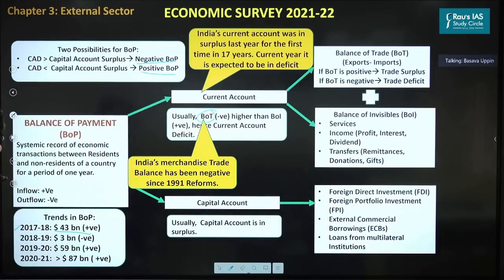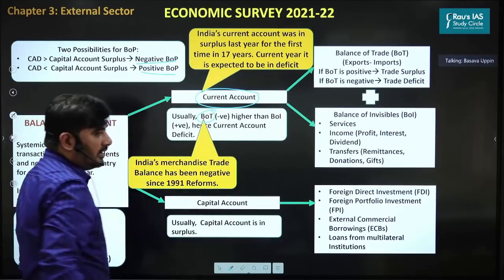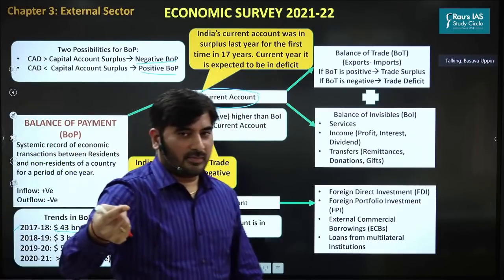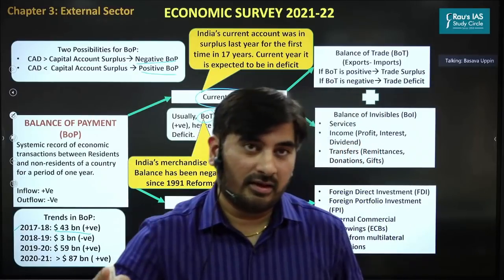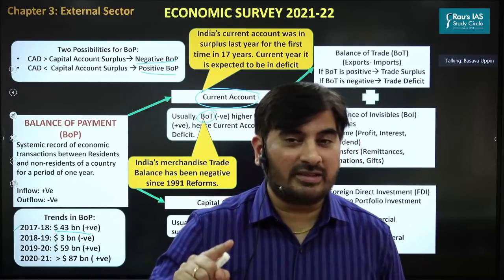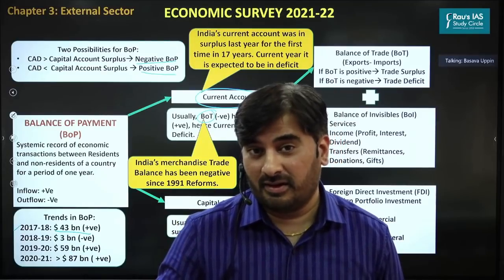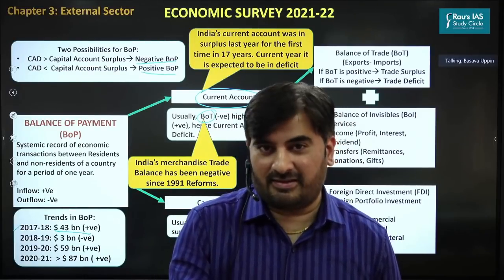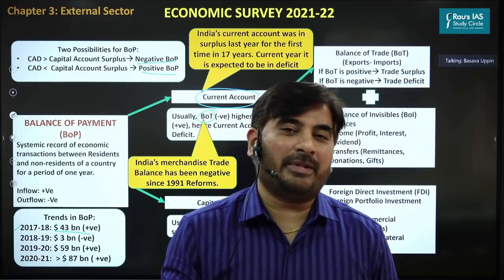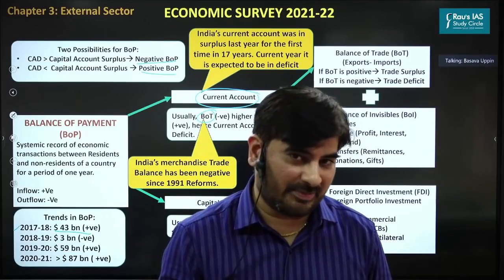Apart from that, if you look at the current account, last year the current account was in surplus. Last year, current account was in surplus for the first time in the last 17 years. But as far as this year is concerned, the current account is expected to be in deficit. So please remember this particular aspect also.